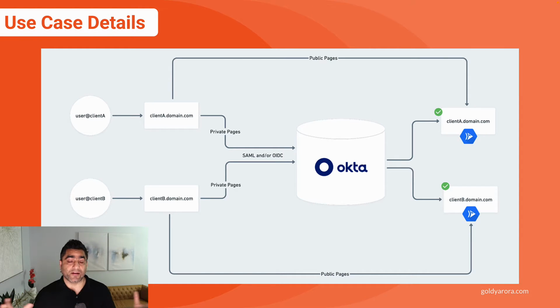Now during the build phase, these web applications should not be publicly accessible, right? They should be behind a login, at least the private pages of those applications. And they have these applications deployed on Google Cloud Run.